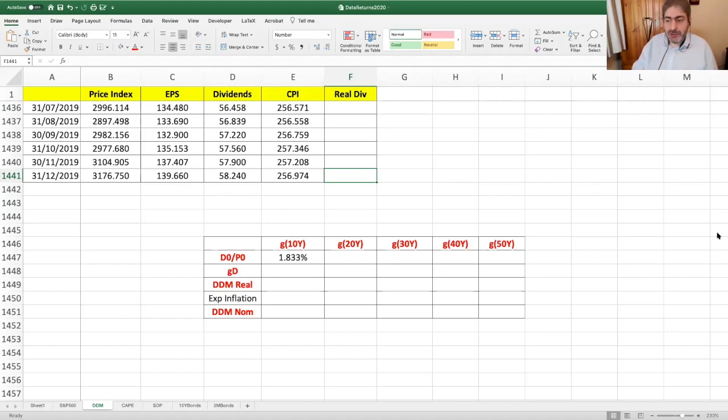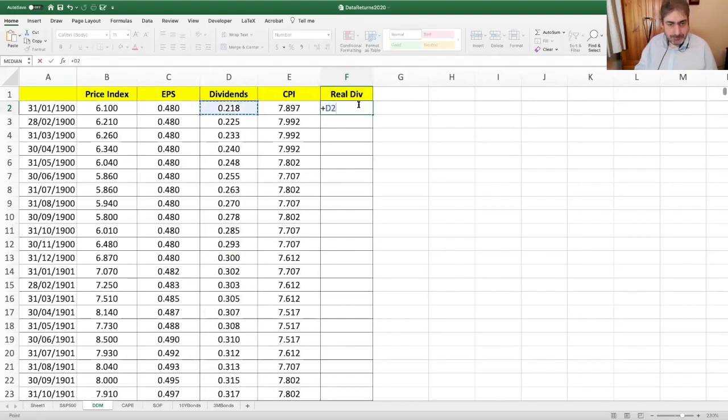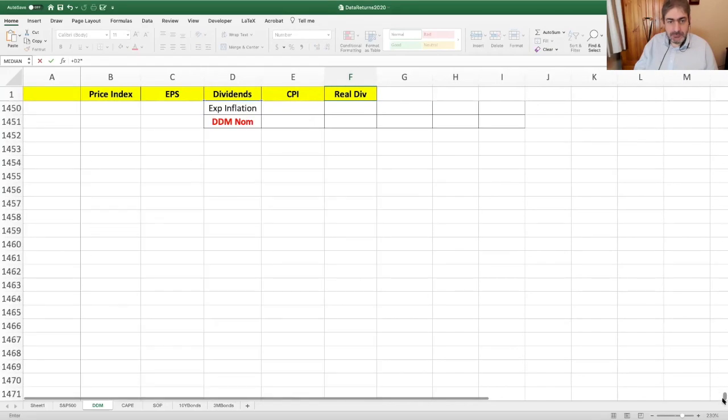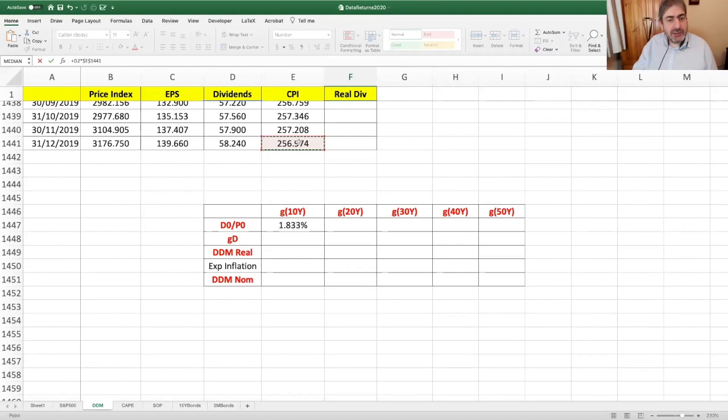And the way it works, let me go to the first line. The way it goes is you take your dividends. Then you multiply it by the CPI today. And I'm going to do F4, so I'm going to put the dollars around the formula, and then divided by the CPI at the time of your dividend.